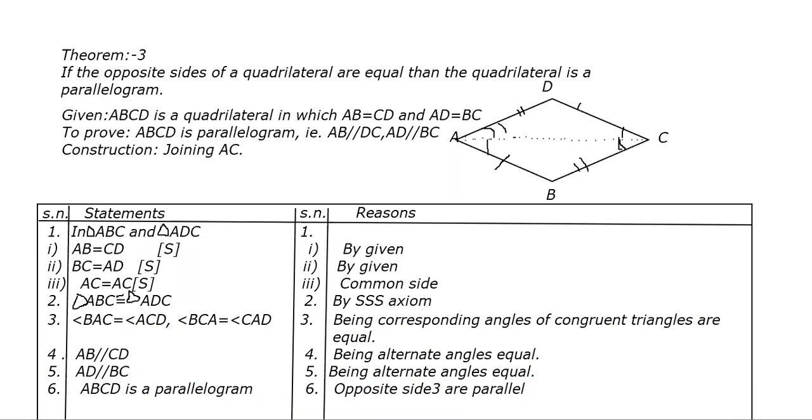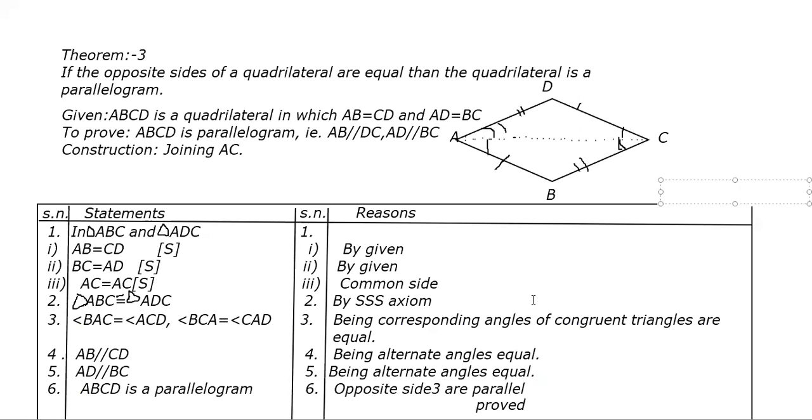First of all, take one quadrilateral where opposite sides are equal. Now we can prove they are congruent first. After proving congruent, corresponding angles are equal.